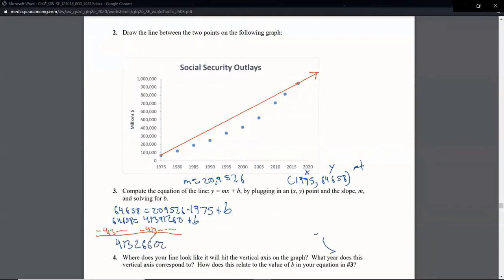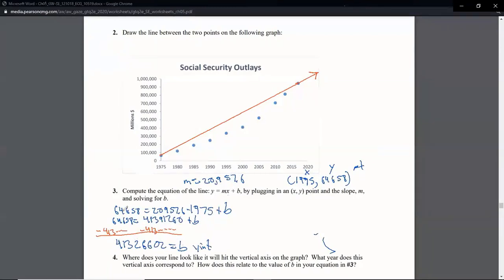413,266.02. Okay, that's right. So that's our b, that's our y-intercept. That's like our starting value, right? I did something wrong intentionally just to see if everybody's on their toes.